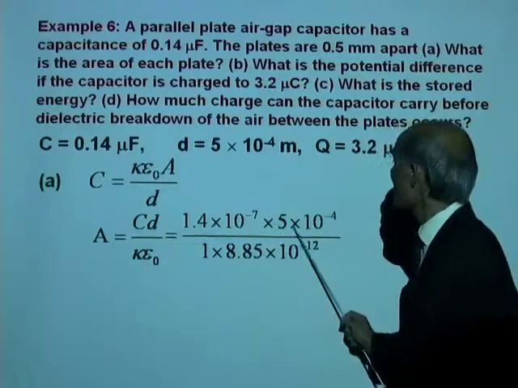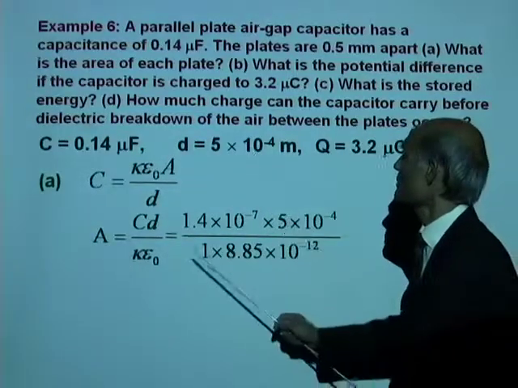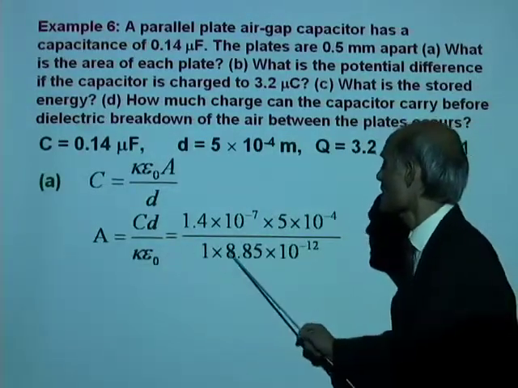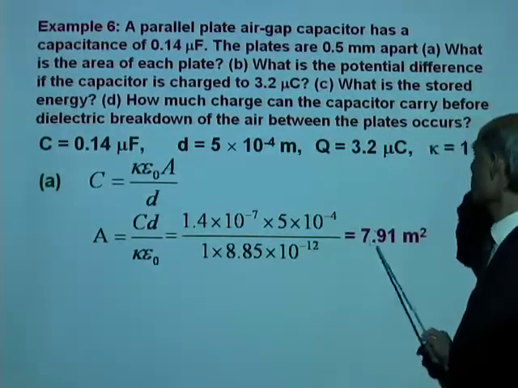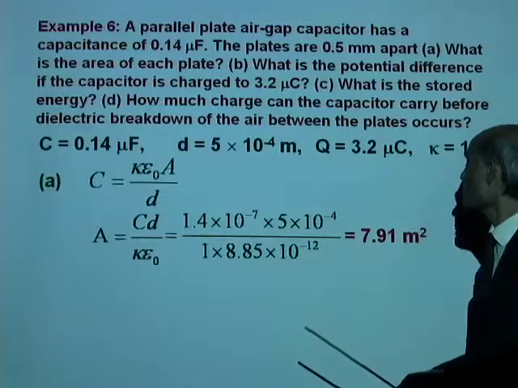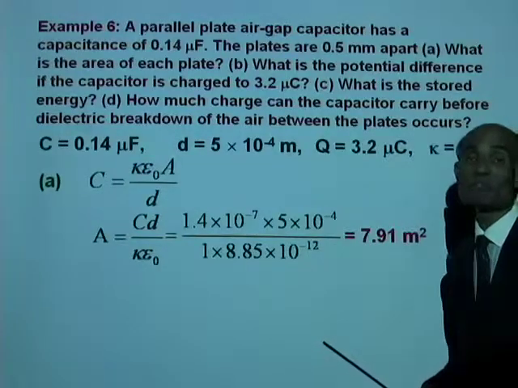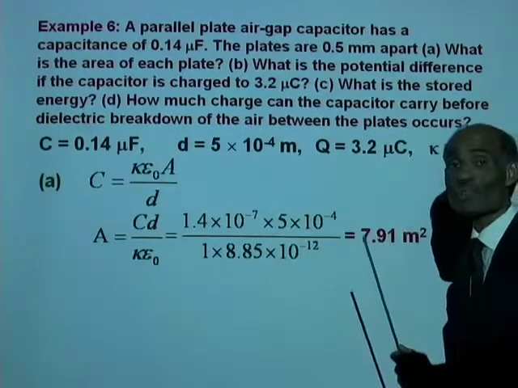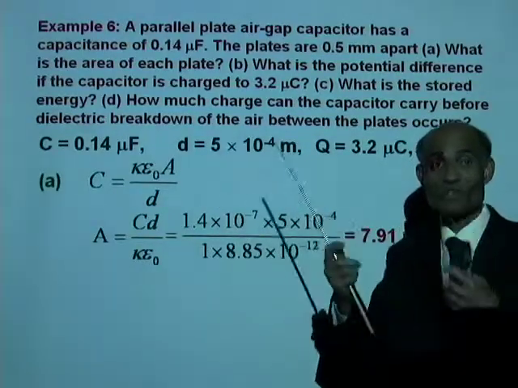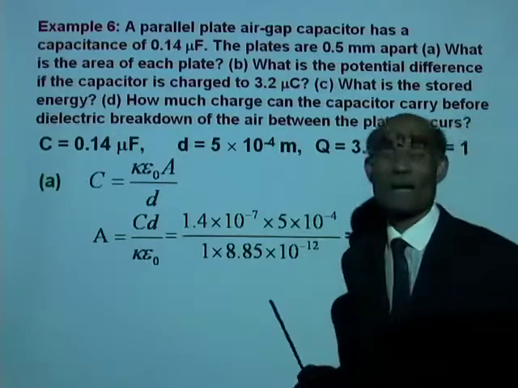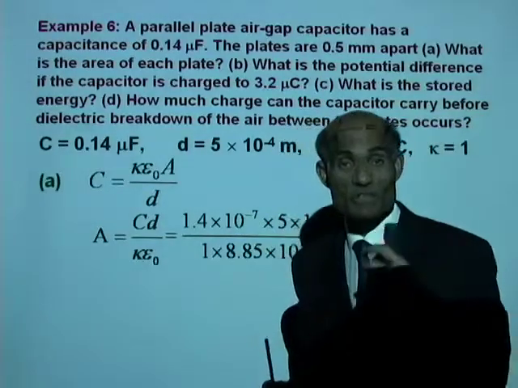D is the plate separation, kappa is 1 and epsilon naught is the usual value. And that gives you the area is 7.91 meters squared. You notice that the area of the parallel plate capacitors has to be fairly large to construct capacitors of significant value.